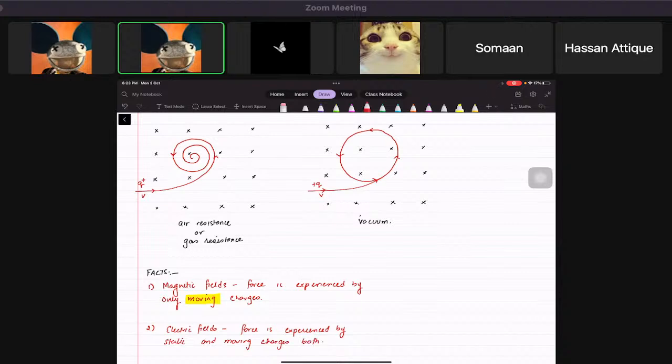So both of these charges, whether it's static or it's moving, they will both feel a force depending on their charge all the time. Is it clear, everybody? Any questions? Please let me know.